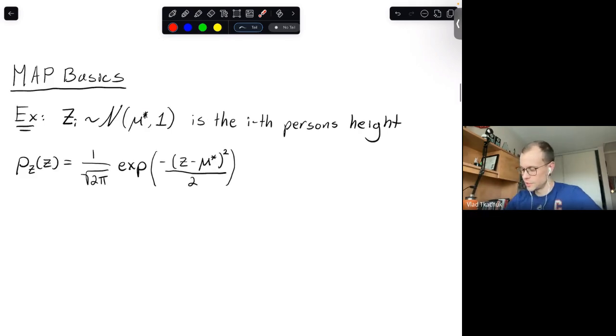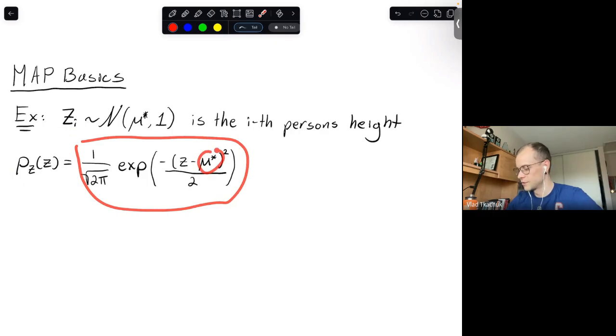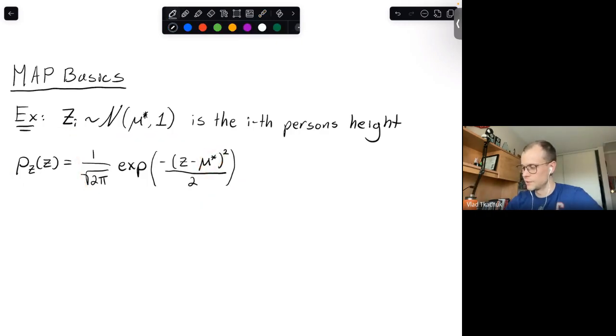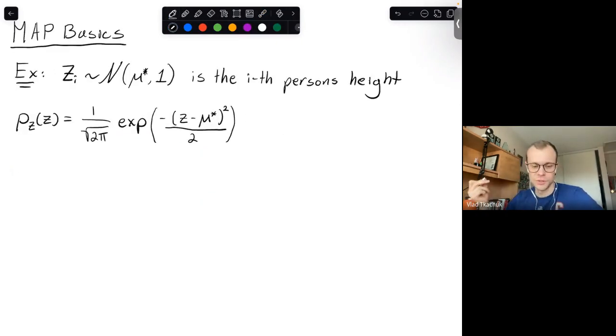Okay. And in particular, since this is normally distributed, we have this data set that has n IID samples of Z_i, same setup as before. And this told us that the PDF of each one of these Z_i's follows the following, which has this true mu star. Okay. And the extra assumption for this MAP stuff is that we now need to make an assumption on the distribution of the parameter as well.